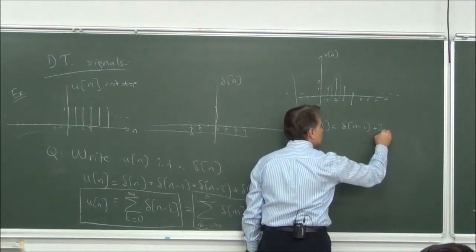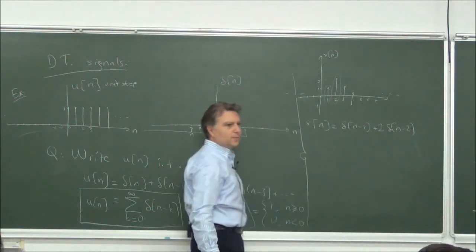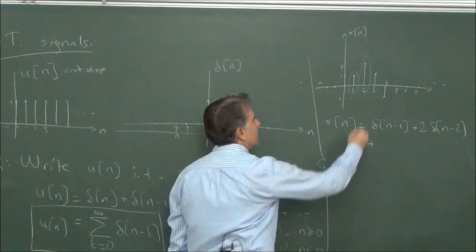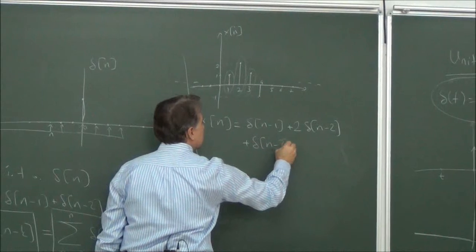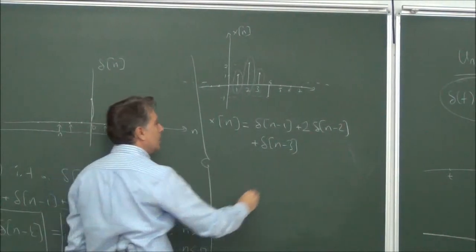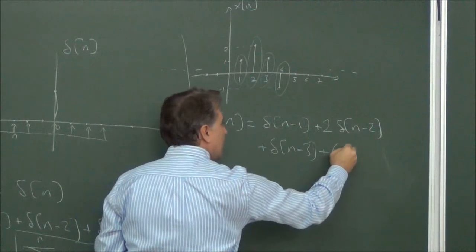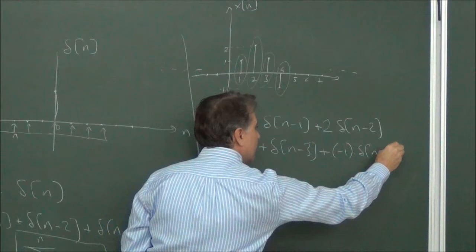It is 2 delta n minus 2, because the value is 2, plus delta n minus 3 plus minus 1 times delta n minus 4.